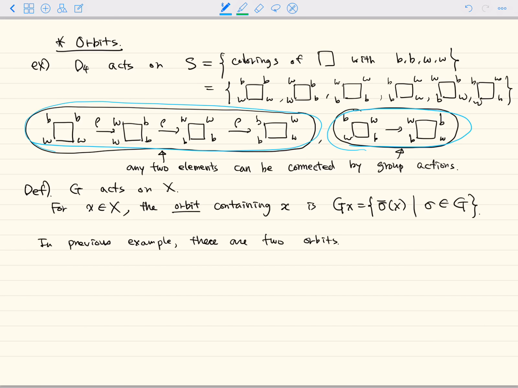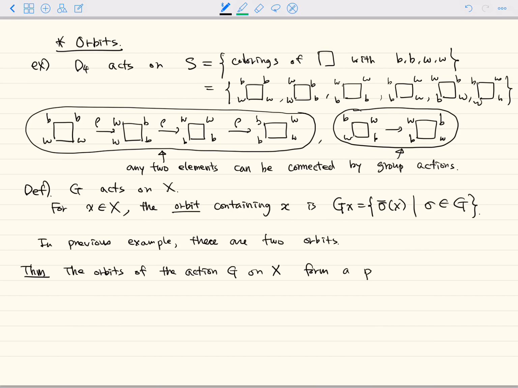So it's a partition of the set. So the basic theorem is that the orbits of an action of G on X form a set partition of X.